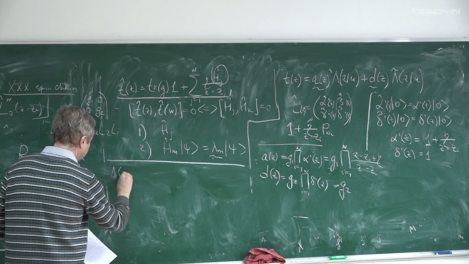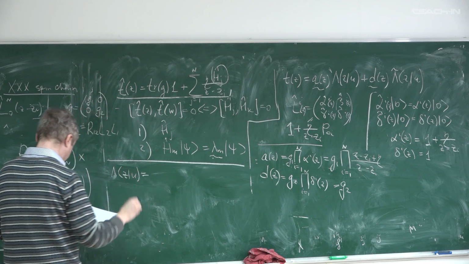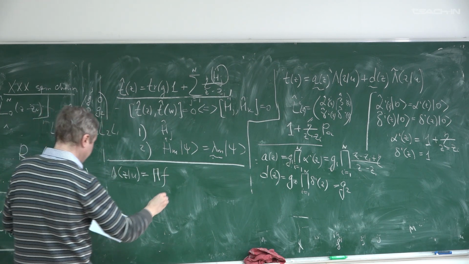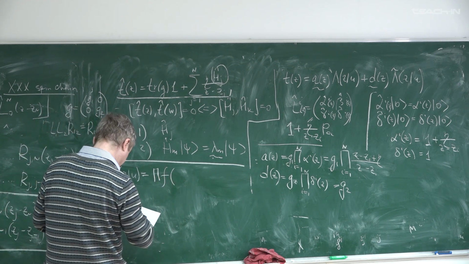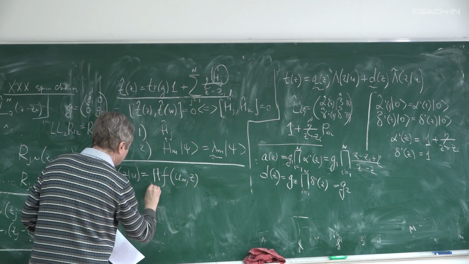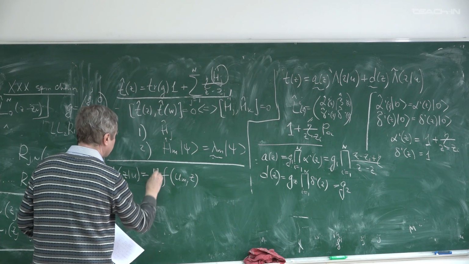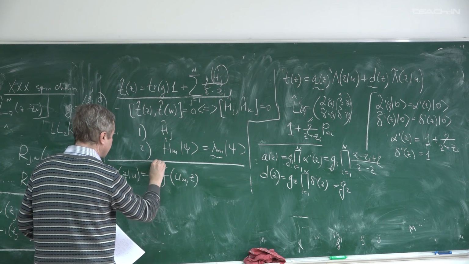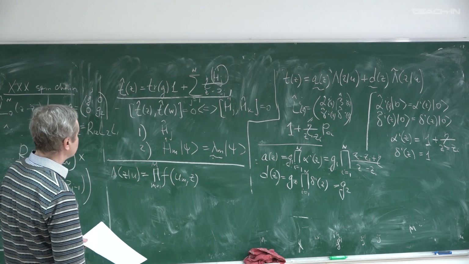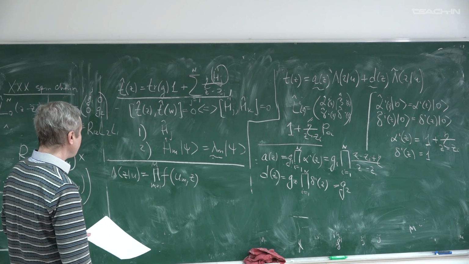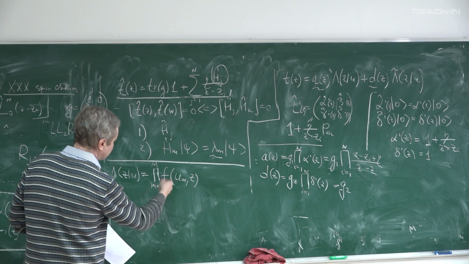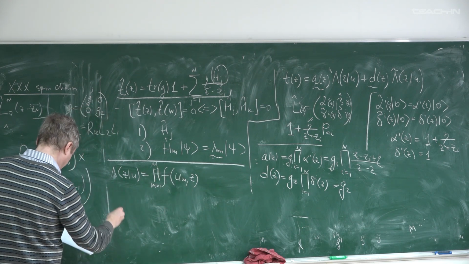These lambdas were equal to products of the functions f, where small m goes from 1 to large M, where M was the number of these beta roots. So it's the number of turned spins.